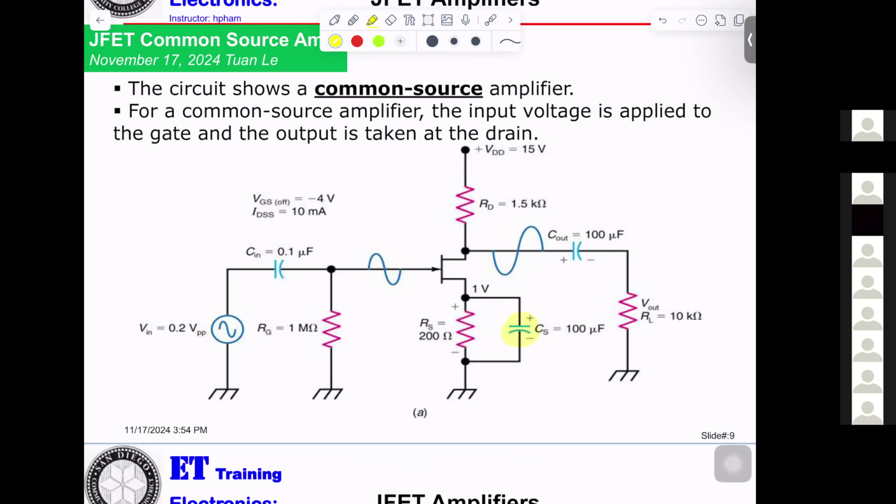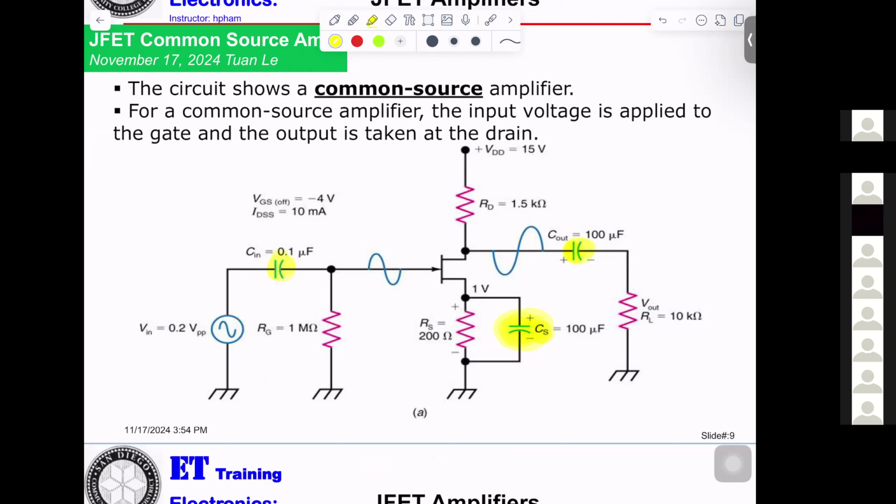Oh, CS. Yeah, CS is a bypass capacitor. The other two are coupling, or DC blocking, AC coupling; this one is the same thing. They pass AC, not DC. However, that C3, they say CS, that will be a bypass capacitor.